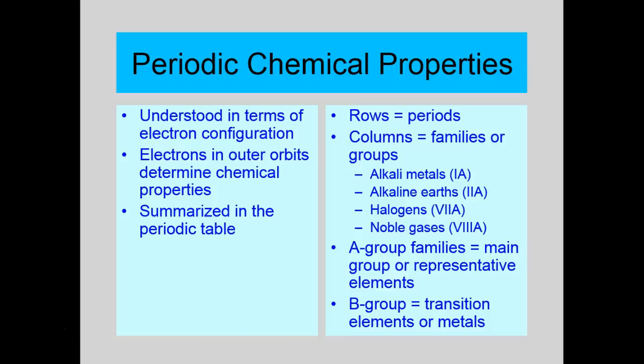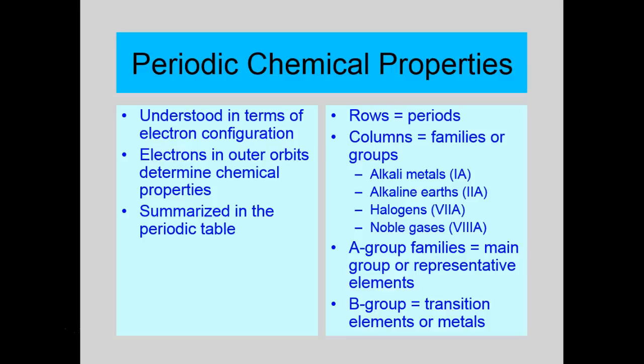The D electrons tend not to be fixed to one particular atom. They move around as clouds and can easily move from one to another to another. This is what makes metals such good conductors, both of heat and of electricity. Those are your B group, the transition elements, or the metals.